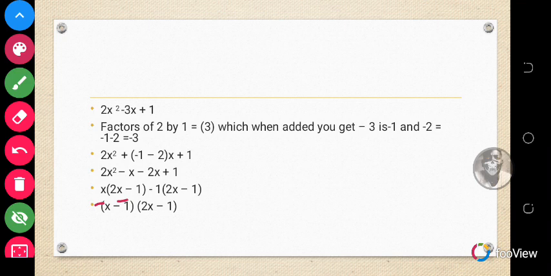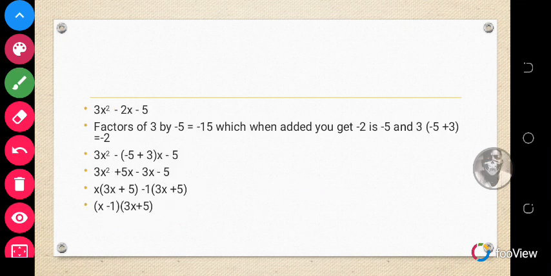The moment you take negative 1 out, the signs change. So we have x minus 1 and 2x minus 1. Since 2x minus 1 is the same, we only pick one, then take the x and the minus 1, multiply them together, and we have our answer.